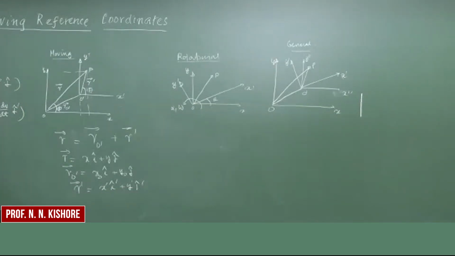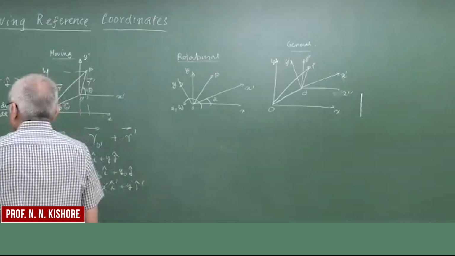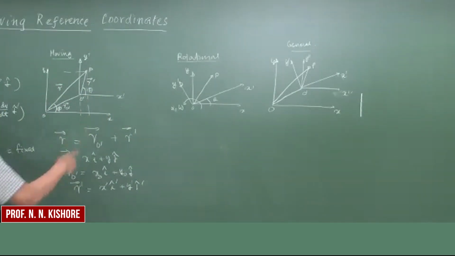So di prime, for example, is 0 because i prime is the same as i, which is fixed. Since the original i, j are fixed and i prime, j prime continue to be parallel to i, j, they never have any time derivatives.